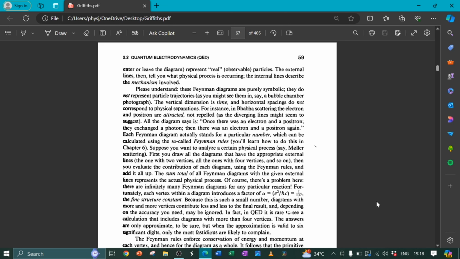In fact, in QED, it is rare to see a calculation that includes diagrams with more than 4 vertices. The answers are only approximate, to be sure, but when the approximation is valid to 6 significant digits, only the most fastidious are likely to complain.